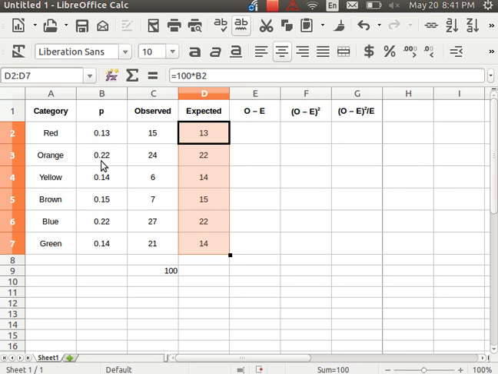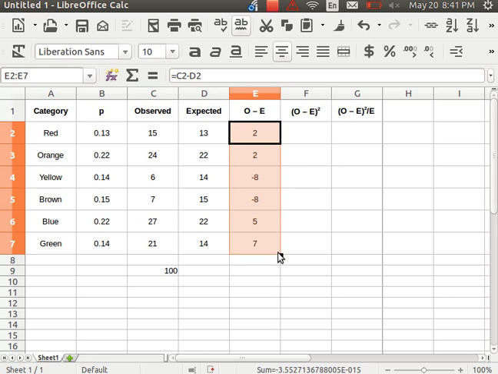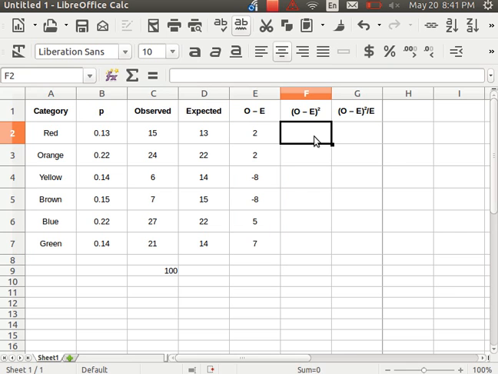These are what we would expect to have happen if the proportion of red M&Ms was 0.13, of orange M&Ms was 0.22, etc. Good, so now we're going to get the O minus E column by typing in equals, click on our observed column minus our expected column, and we'll again drag that down to get the subtraction of everything. Now we want O minus E squared, so I'm going to type equals my O minus E column, and then caret.